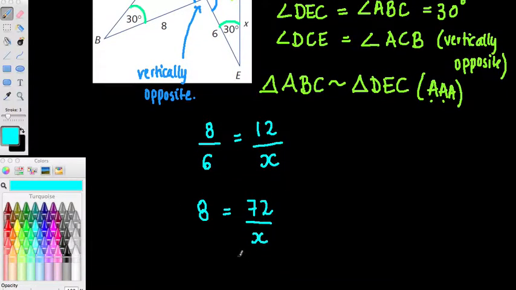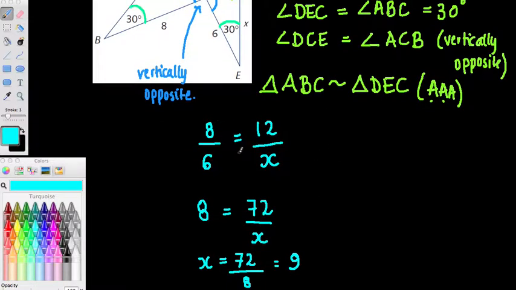And then finally, x must be equal to, oh, I've run out of space here, 72 over 8. And what's that equal to? So, x must be equal to 9 in this case.